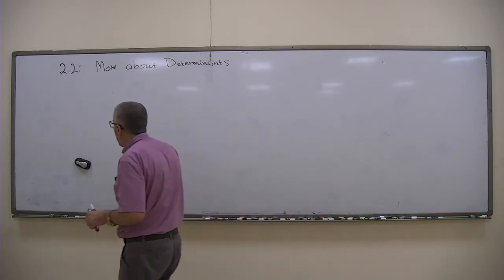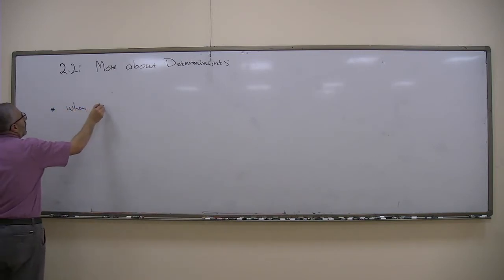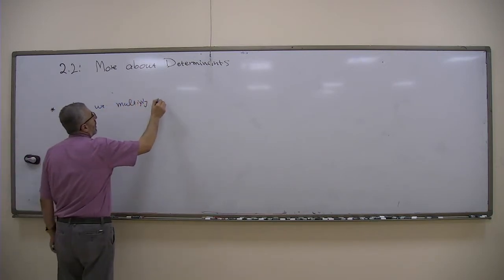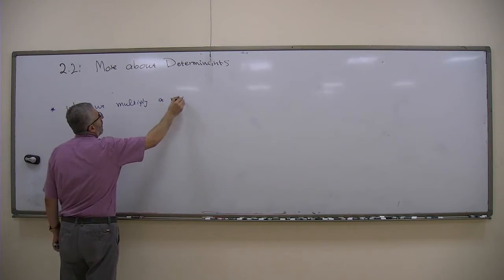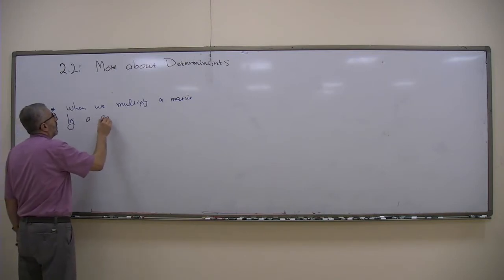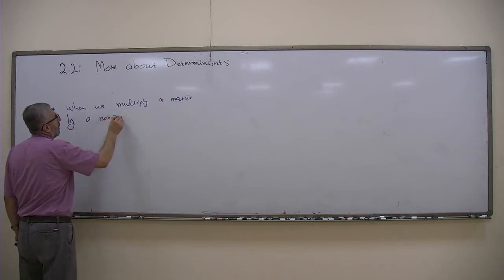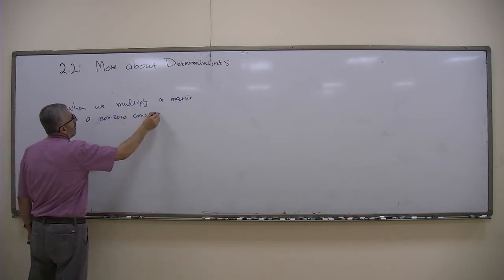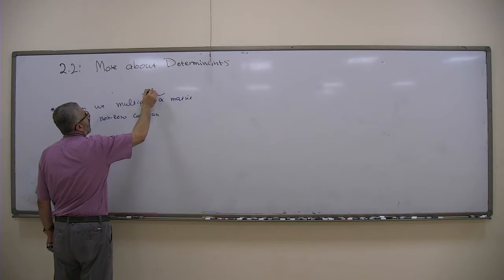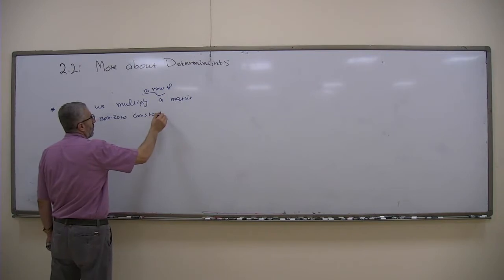So the first thing is, when we multiply a row of a matrix by a non-zero constant, what happens?